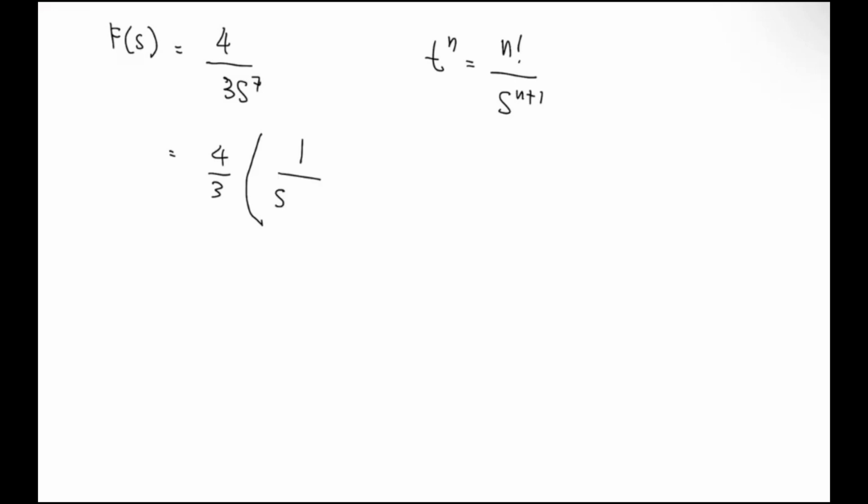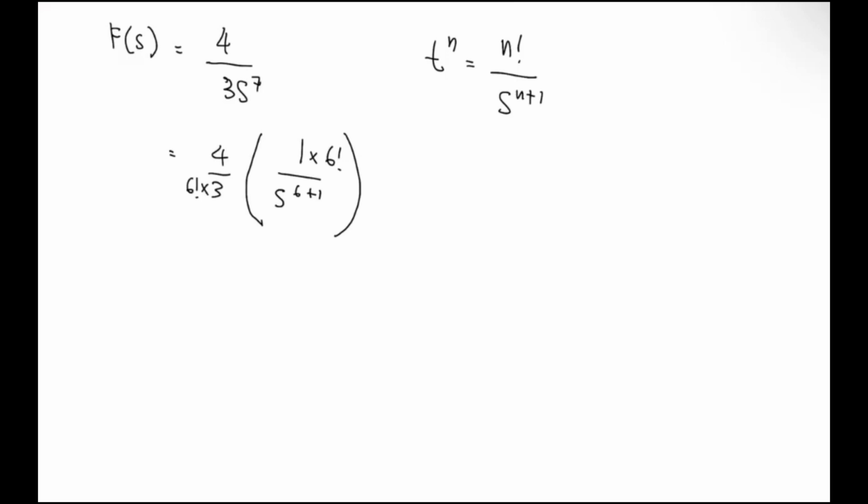You need to break it down as 6 plus 1. In the numerator, you need to have n factorial, so you need to multiply by 6 factorial. Because if we multiply by 6 factorial, we already changed the function, so you need to also divide by 6 factorial.